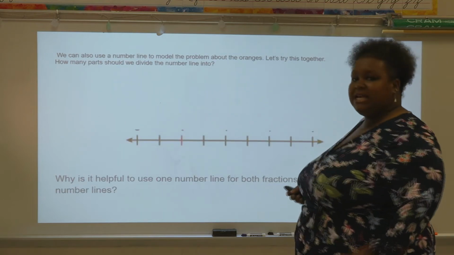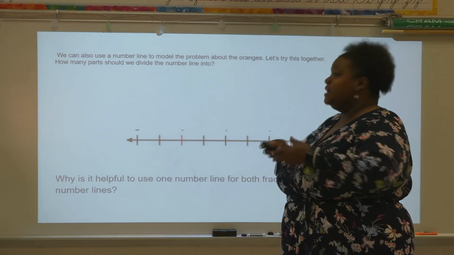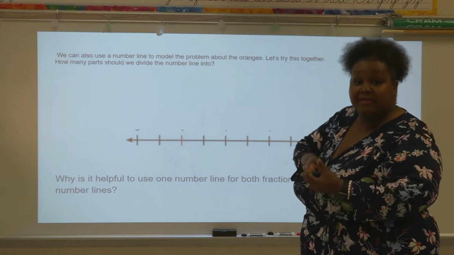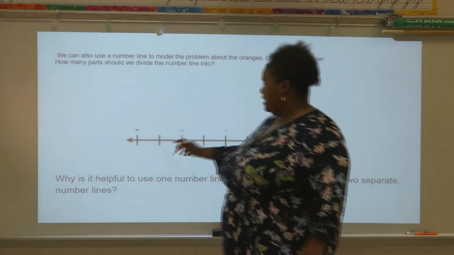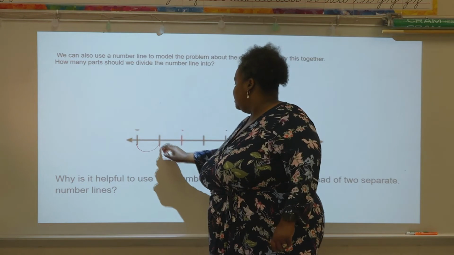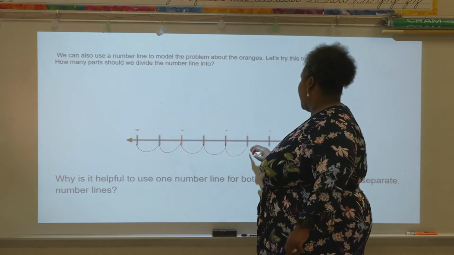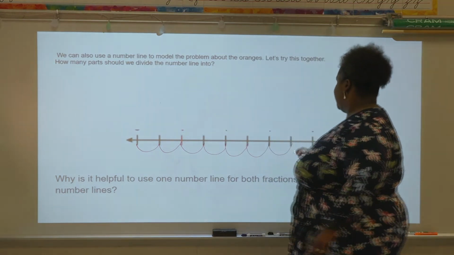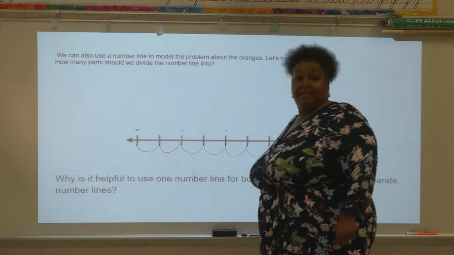So, I need my number line to show 8s and 4s. So, I need 8 equal spaces for the 8s. Let me count. 1, 2, 3, 4, 5, 6, 7, 8.